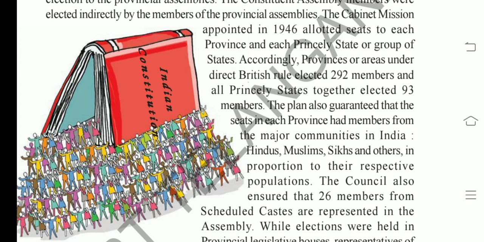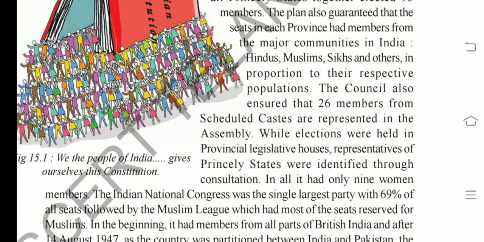This plan also ensured that 26 seats should be filled with scheduled castes. So 26 members from scheduled castes were present in the Constituent Assembly.